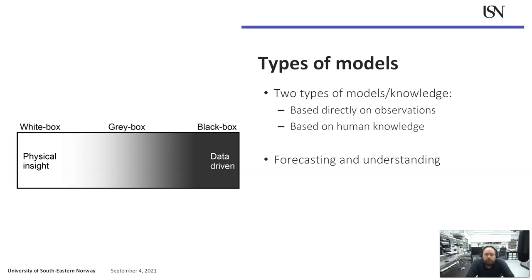It's typically very difficult to look at, let's say, a calibrated neural network and try to extrapolate how the underlying system works. So therefore, there is some resistance against the use of black box or data-driven models in engineering, simply because it is difficult to look at a model and understand how the underlying system works.